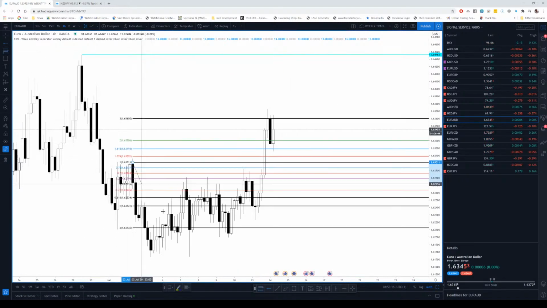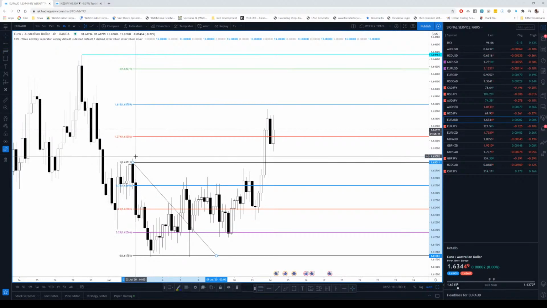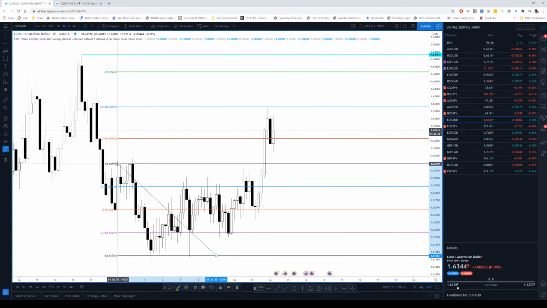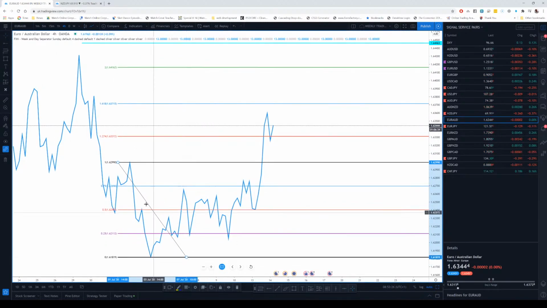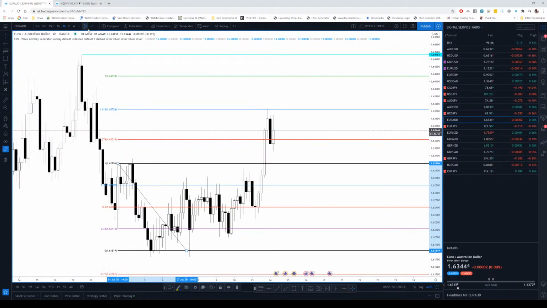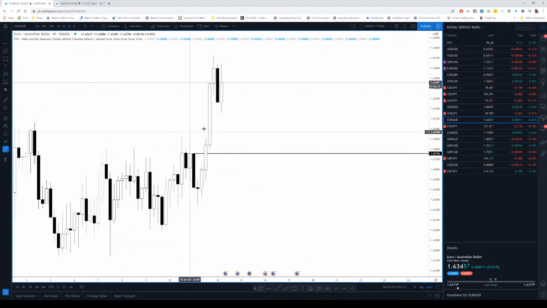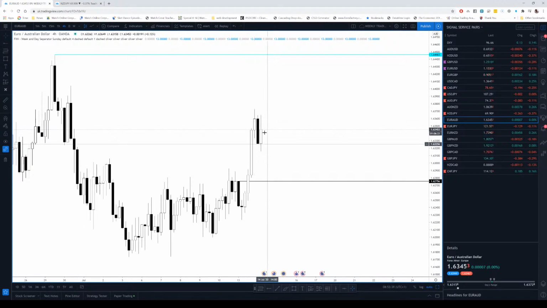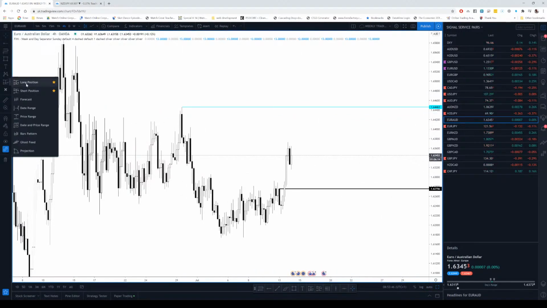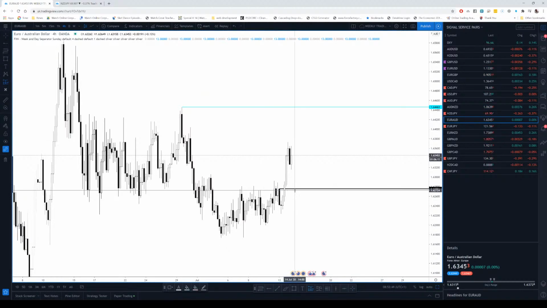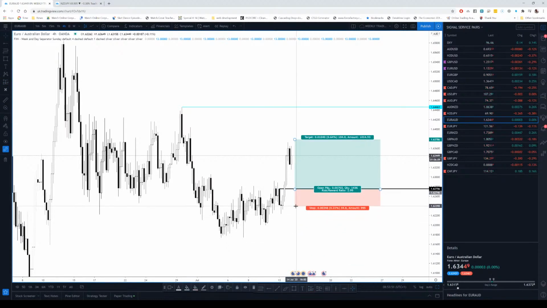So let's see. Let's use this line. Right there, like I expected. Right here, if they do drop back down, because this went up too quick, I'll be interested in a buy.